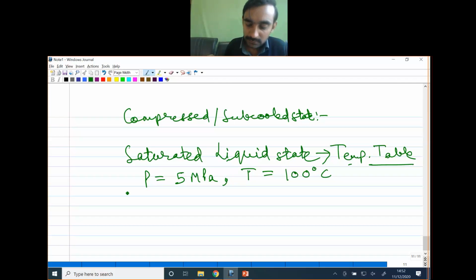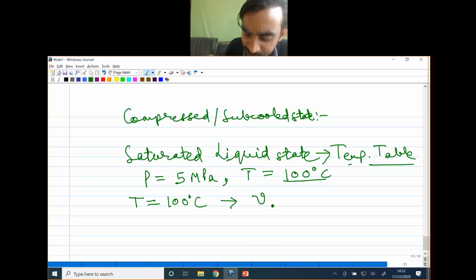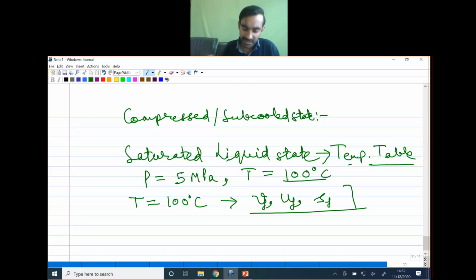I have to simply go to my saturated liquid state table, and from it, corresponding to the given temperature of say 100 degrees Celsius, I have to note down the values of specific volume v and internal energy u. So this I have to take corresponding to liquid state. That's why I am writing vf, uf and sf. So these three properties I can easily locate.